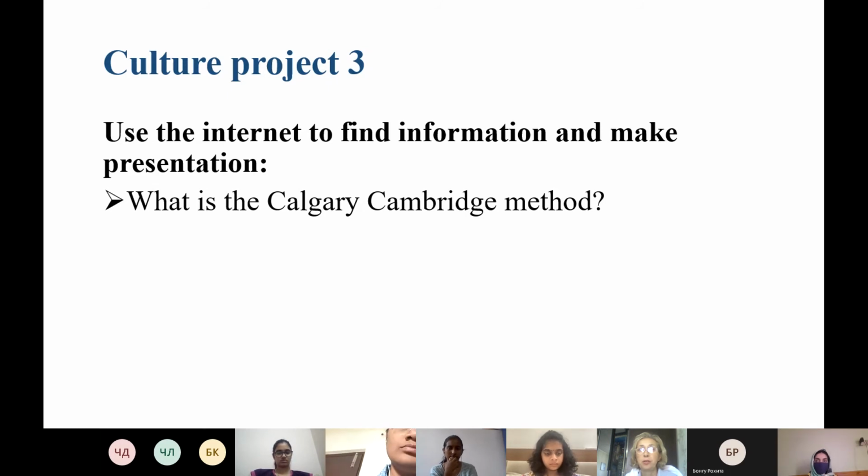Don't just insert the full text into the slides. Just leave only the key phrases, okay? So find the information on the internet about how to make slides.